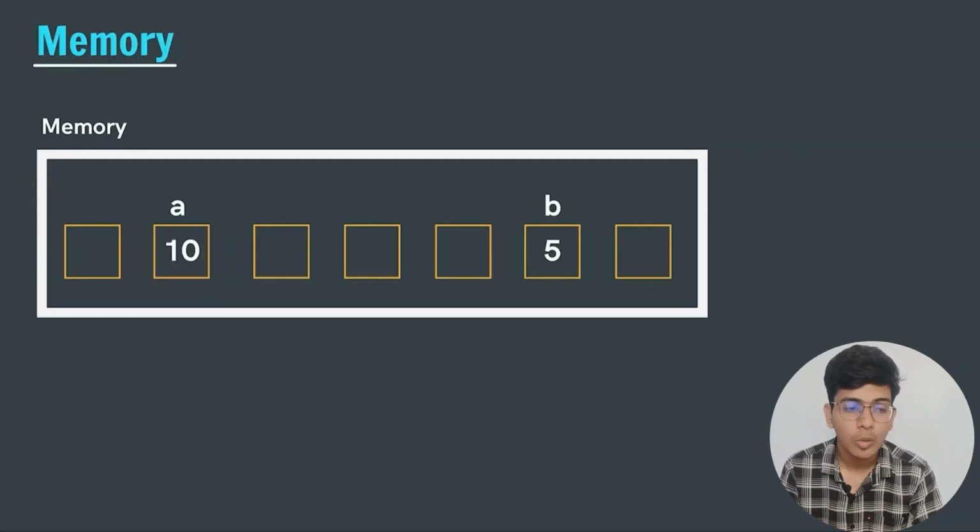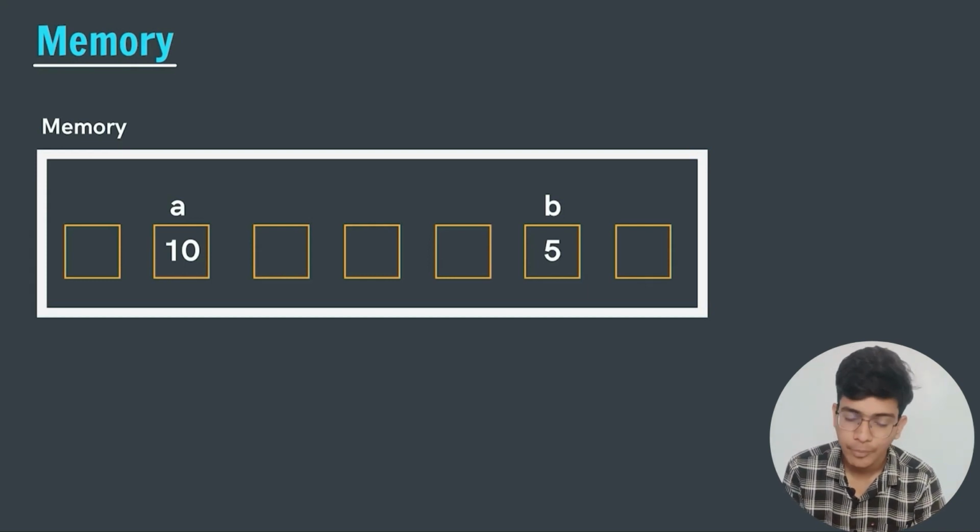Now let us talk about how memory is allocated to variables of different data types in our Java JDK or Java compiler, in our computer. To understand memory allocation, let us take an example that each and every person studying this course right now has a house, and that house has an address.